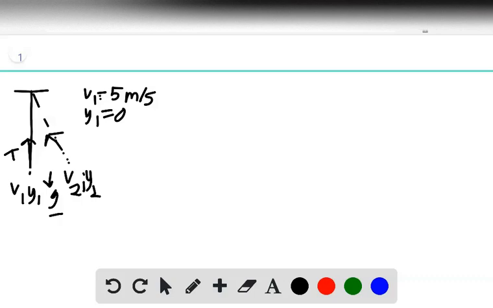So from there, we can just set up a conservation of energy relationship. Energy equals kinetic plus potential.